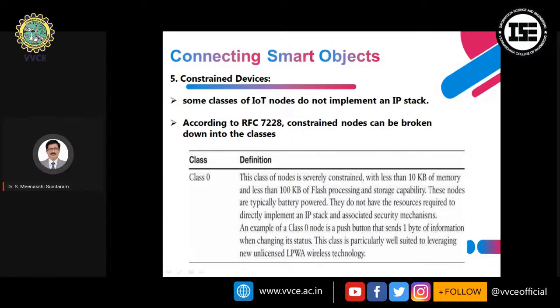And they don't have the resources required to directly implement an IP stack and associated security mechanisms. Example, a class 0 node is a push button that sends 1 byte of information when changing its status. This class is particularly well suited to leveraging new licensed LPWA wireless technology.